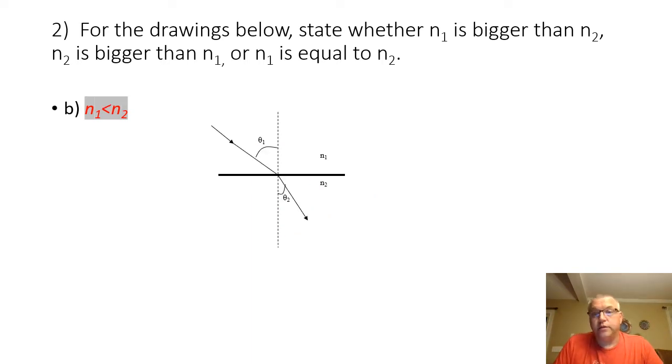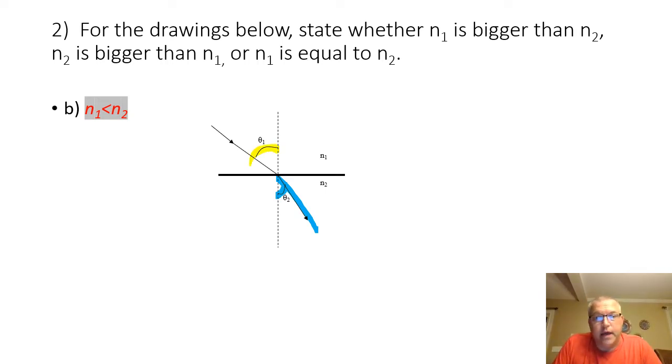Let's take a look at our second diagram. In our second diagram, we can see that my refracted ray right here is bending toward the normal. In other words, my angle of refraction, theta 2, is less than my angle of incidence, theta 1.